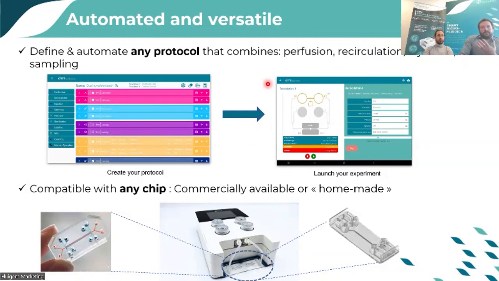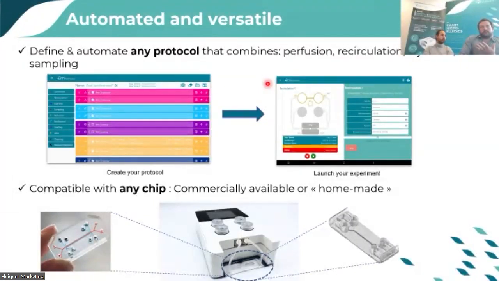Still on the tablet, when it is running, you can connect through Bluetooth or Wi-Fi, and you will see what's going on with your device. Here, for example, you are monitoring your running OMI during a recirculation step, and you can see different parameters such as the pressure. What is the pressure in your OMI?